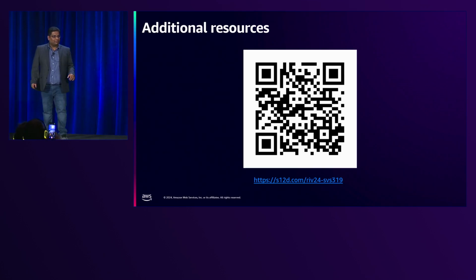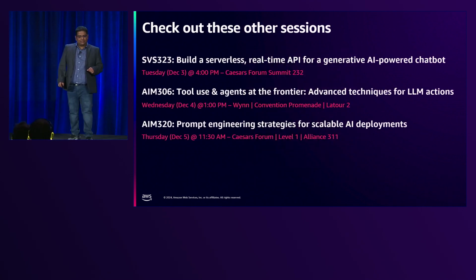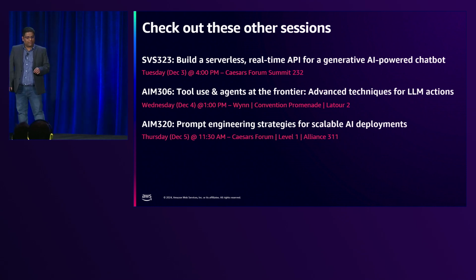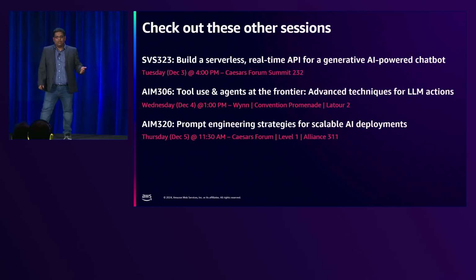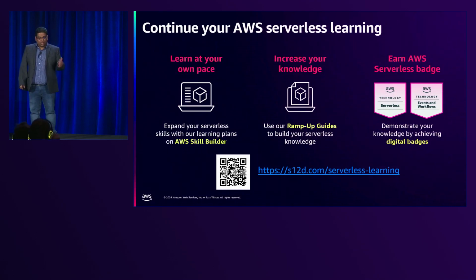And there is a blog that accompanies that sample application. If you're looking for other sessions, these are the other sessions to check out at re:Invent. And you can gain more information around serverless real-time API, AI-powered chatbots, tool use and agents, prompt engineering strategies, and so on and so forth.